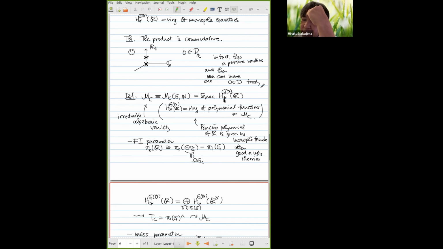So this degree could be both positive and negative. And good or ugly means that this is only non-negatively graded, and the degree 0 piece corresponds just to the identity operator. This is what good and ugly theories are.